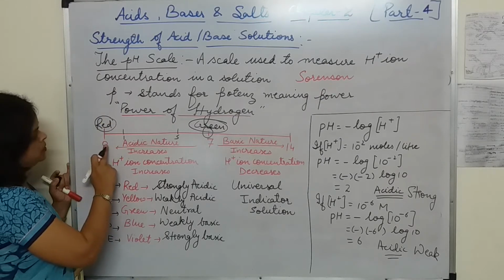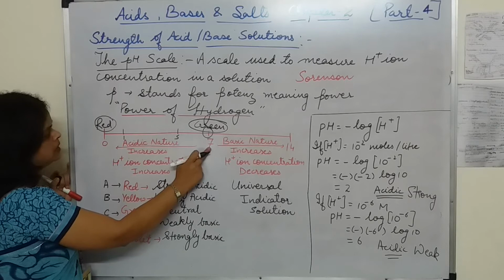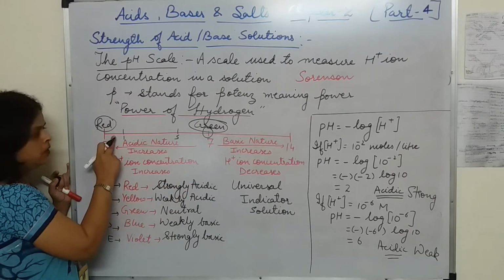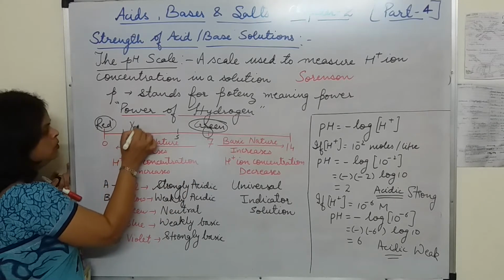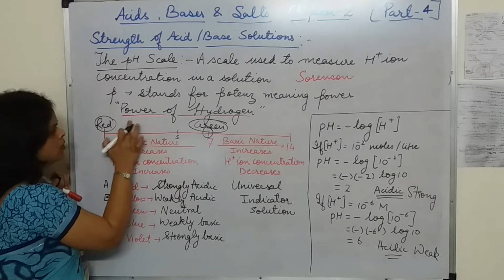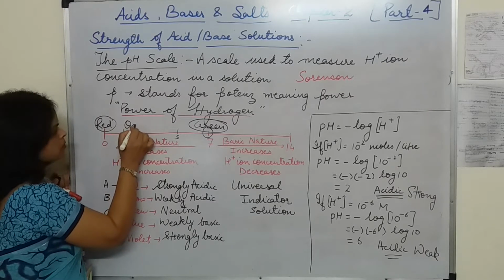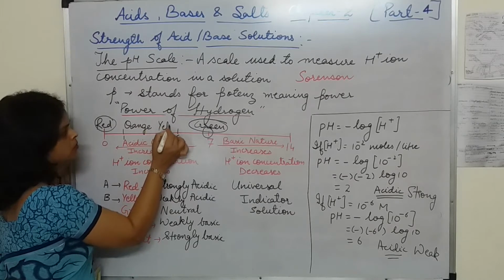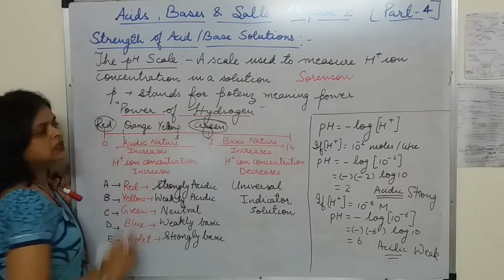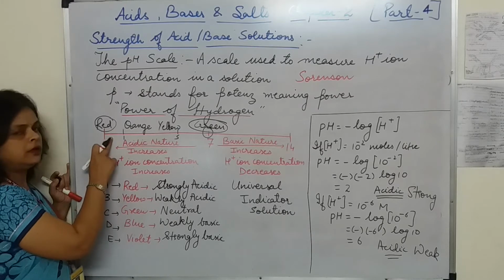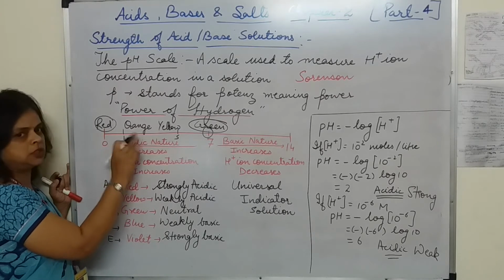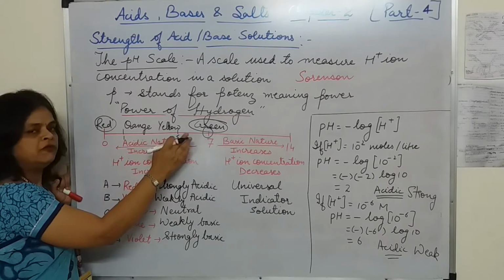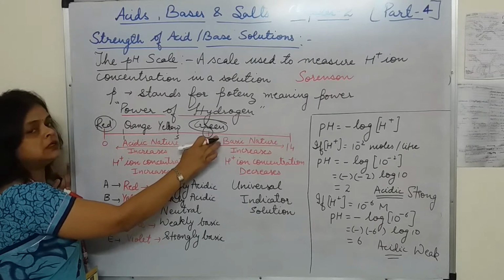Okay, now when you start moving from 0 to 7, the color changes from red to yellow. First it changes to orange. Orange, yellow, and then green. Okay, so red is strongly acidic, orange mild, yellow very mild, and green is neutral.